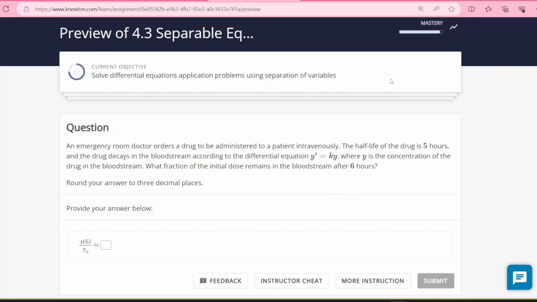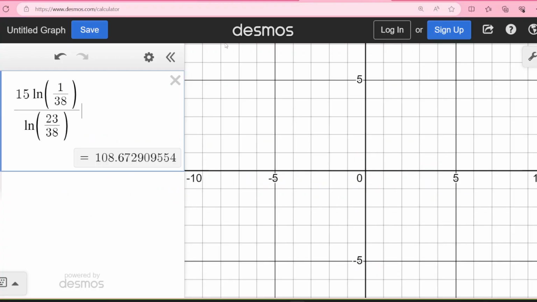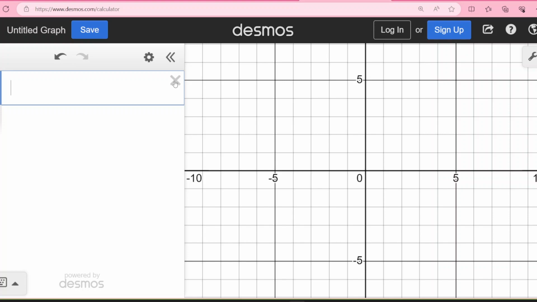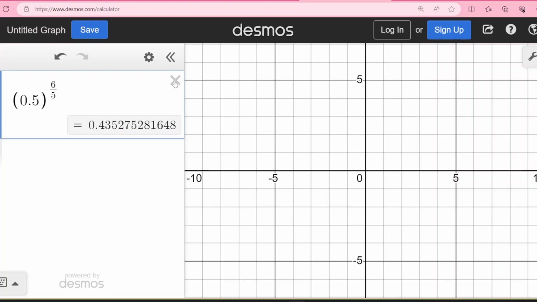So I'm going to enter this in a calculator. 0.5, right? 1/2 raised to the 6/5 power. So it's about 43.5%, I'm getting 0.45435.